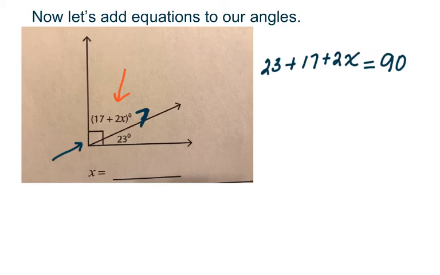I did that on purpose because you see these two right here, those are like terms, and you can only add and subtract terms that are alike. The 2x is not a like term because it has an x, so it is different. And I know you know this by now because y'all are smart. But let's go ahead and add this together. 23 plus 17, if you add them together, will equal 40.